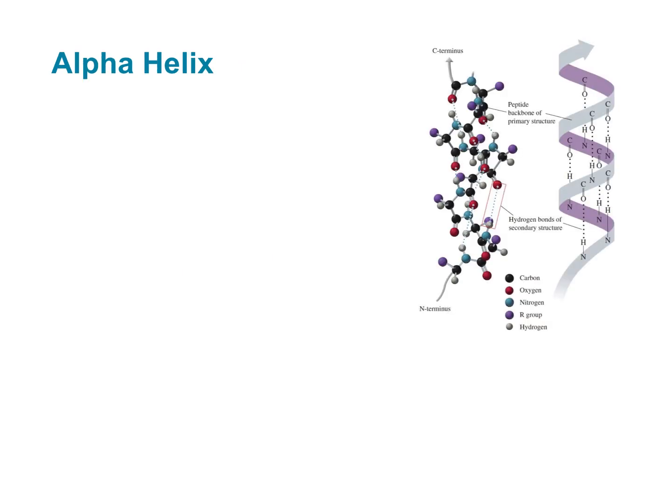So when we talk about an alpha helix, this is a coiled structure. And there's an image here on the slide.